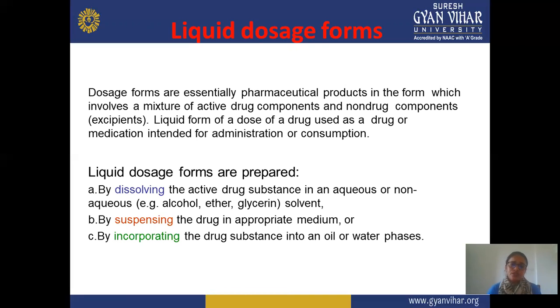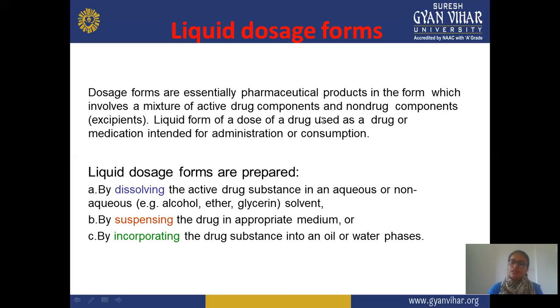Means the liquid dosage form is a pharmaceutical dosage form which contains a mixture of active drug, that is your API or active pharmaceutical component, and non-drug component. Non-drug component means excipient, because without excipients you cannot formulate this liquid dosage form.